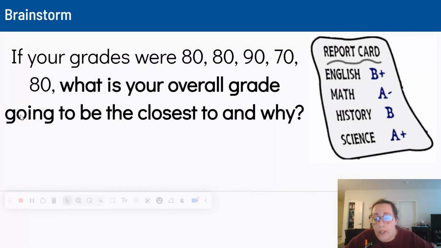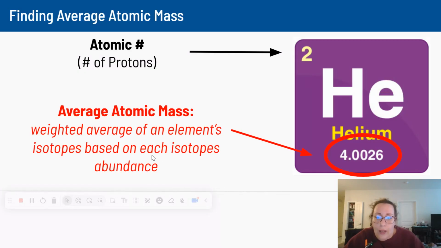For those of you who said that our overall grade was probably going to be closest to 80, that would be right. And your reasoning is probably along the lines of, well, it's our most common grade, so our overall grade should reflect what we receive most often. And that's very similar to what average atomic mass is. It's a weighted average of an element's isotopes based off of each isotope's abundance.